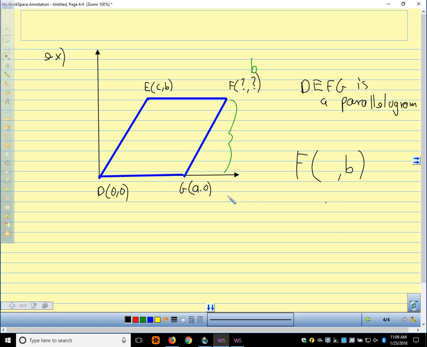All right. The next one takes a little more work. So let me draw this in. How far over have we gone to get there? This is straight down there, so we've gone C units over.